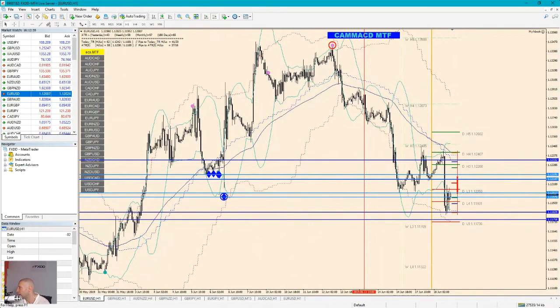Now, of course, it could change after the FOMC. Federal funds rate are predicted to remain the same, 2.50%. But what is important is FOMC press conference, guys.